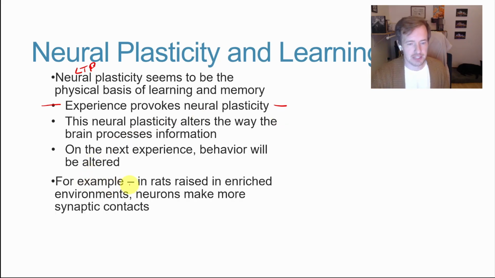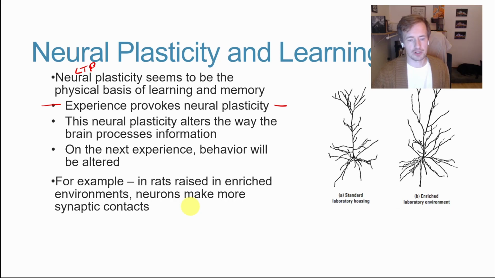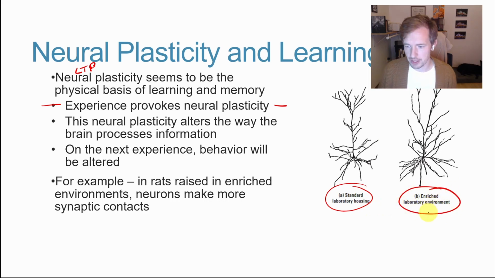Alright, so in this example, let's say that we have rats that are raised in an enriched environment, so these neurons are going to give us more synaptic contacts. This is what you're seeing here, where you've got rats in a standard laboratory setting versus an enriched laboratory environment. In this case, they let them play with toys in their cages, and they also had social meetings where rats could interact with one another.